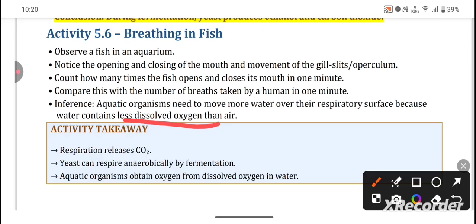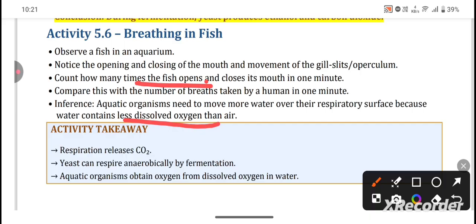So, in the case of fishes, how do they breathe? Oxygen is present in the form of dissolved oxygen in the water. The fish opens its mouth to take water into its body. The water rushes into the gill slits, where the dissolved oxygen present in the water is diffused into the gill pouches.